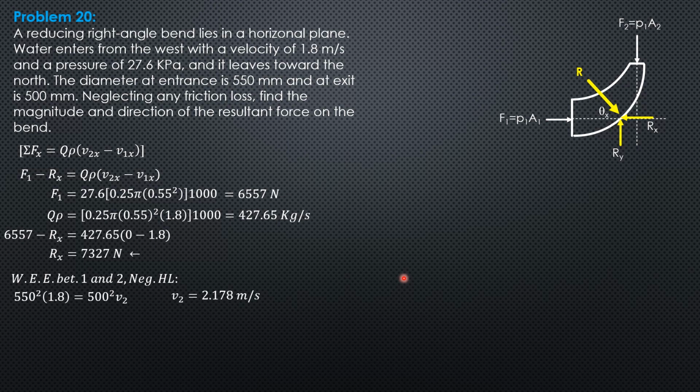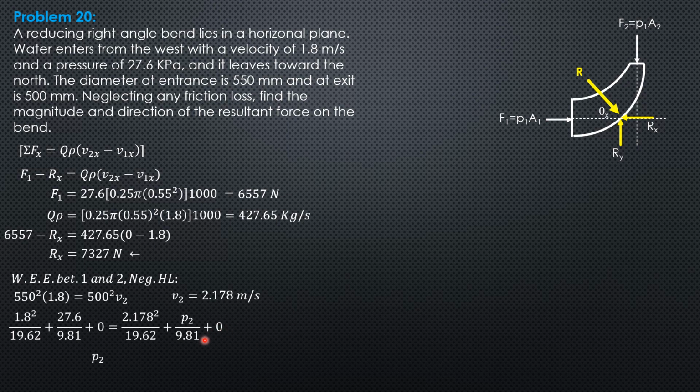So writing now the energy equation, we have 1.8 squared over 19.62 plus pressure head 27.6 over 9.81 plus elevation head 0. The bend lies on the horizontal plane, so the datum is on the horizontal plane also through the center. Equals velocity head at point 2, 2.178 squared over 19.62, plus pressure head P2 over gamma of water, plus elevation head 0, with head loss neglected.